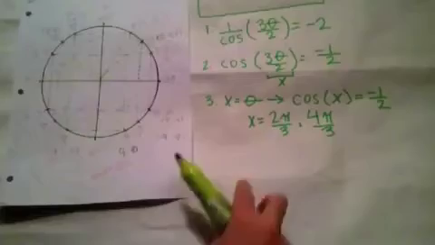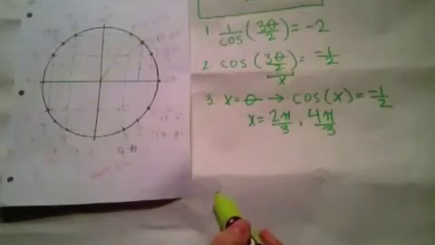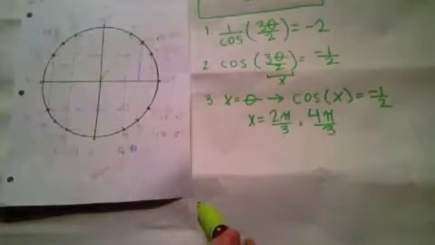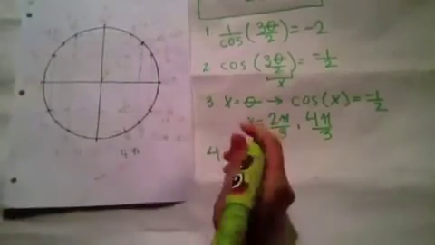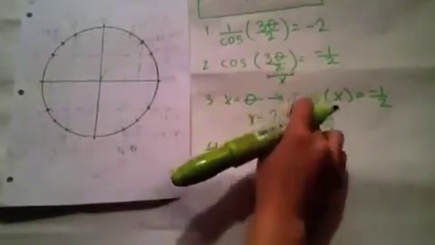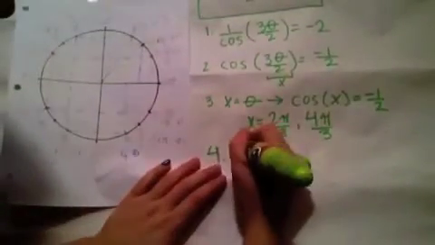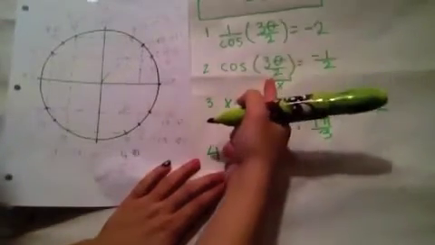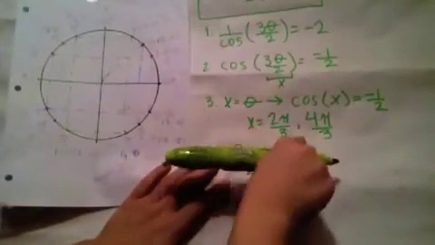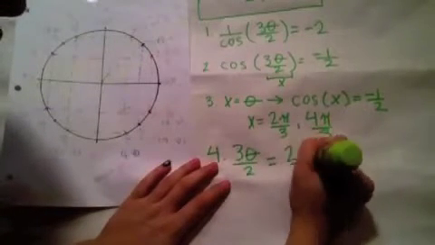Alright, so next you will substitute these values of x back into your original equation. So basically, this 3 theta over 2, which is your x, over here is equal to this x, 2 pi over 3.